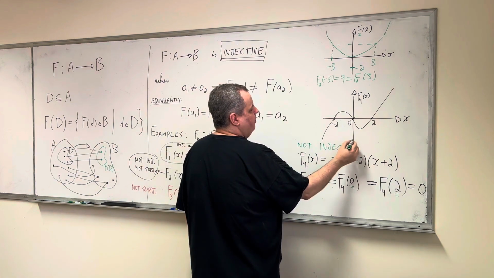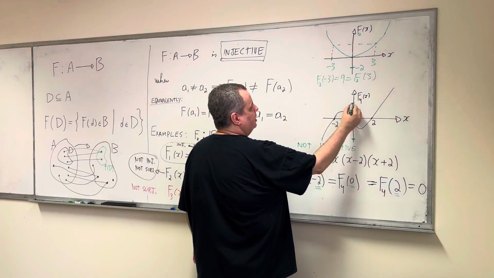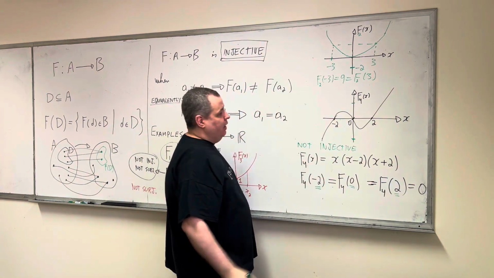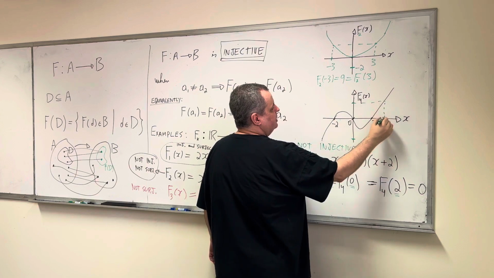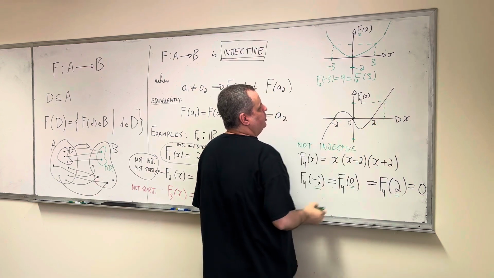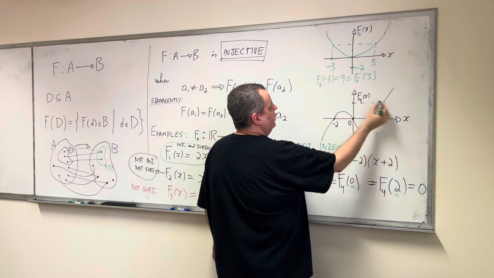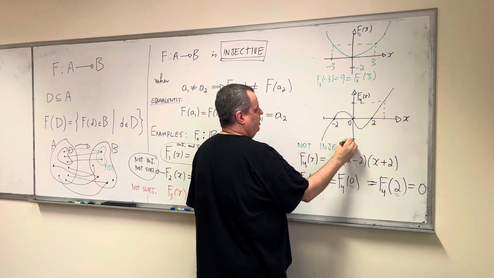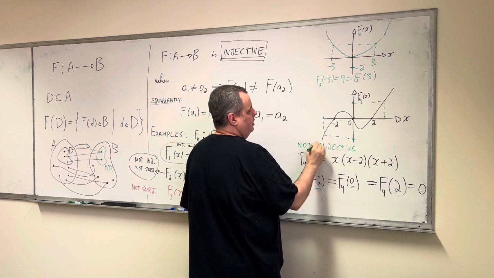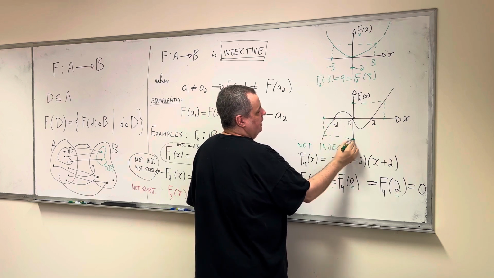If I pick any point here, very negative or very positive, yes, I will be able to find one. If I pick a positive number, I can pick some value here, very large, that when I apply the function, I get to this. And the same here, I can always find a point that when I apply the function to this point, I get this value.